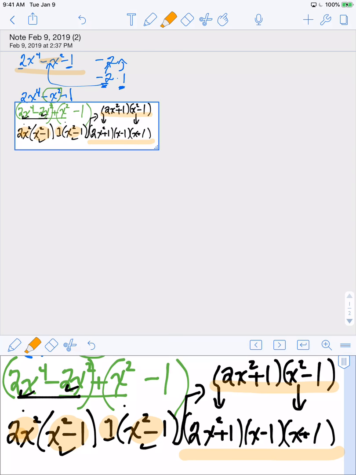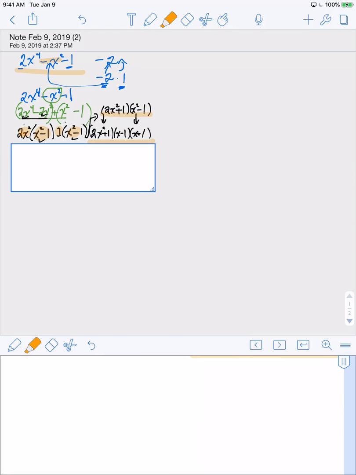Okay, let me check and see the next problem that your dad texted me. 4x to the 4th plus 3x squared minus 1. Okay, same thing.